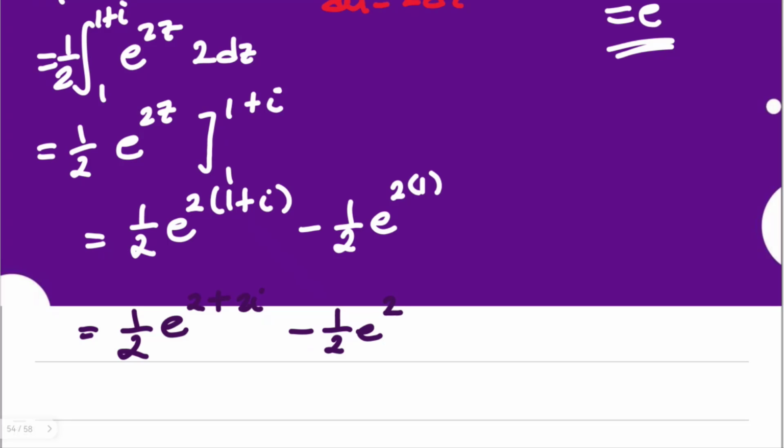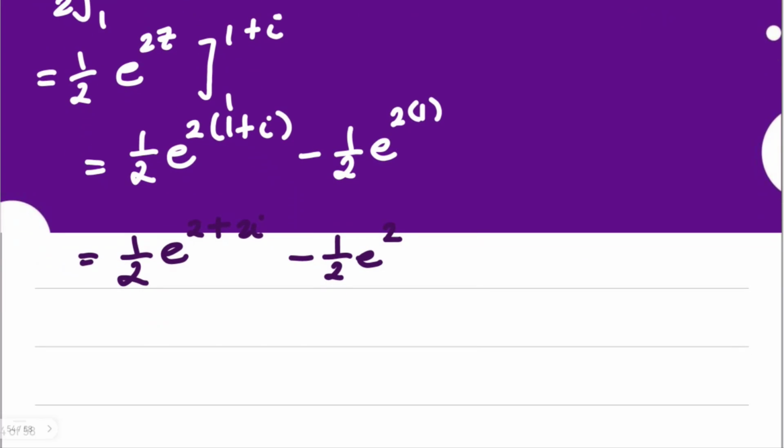Now, before we continue, take note that when we say an exponent of 2 plus 2i, we can rewrite it as 1/2 e to the power of 2 times e to the power of 2i, because we are just adding exponents of the same base, minus 1/2 e squared.